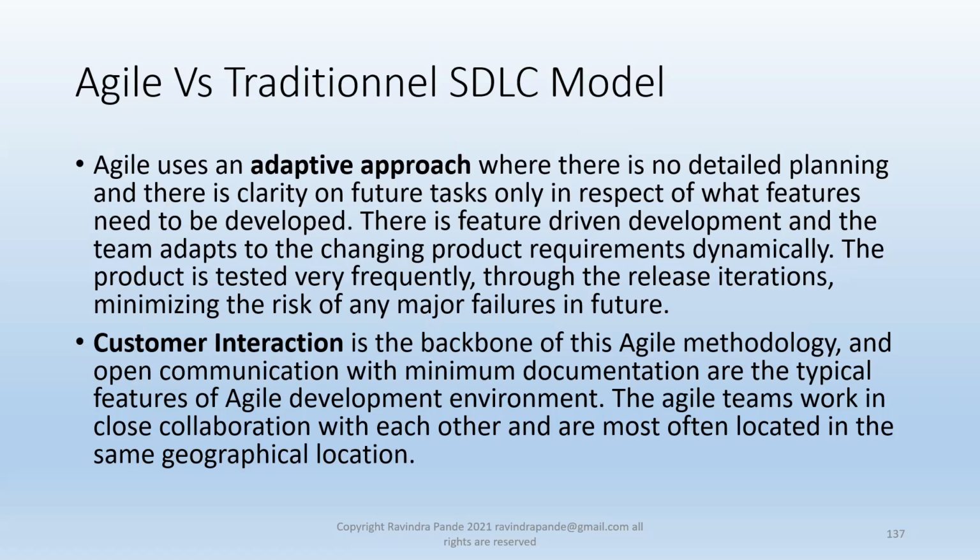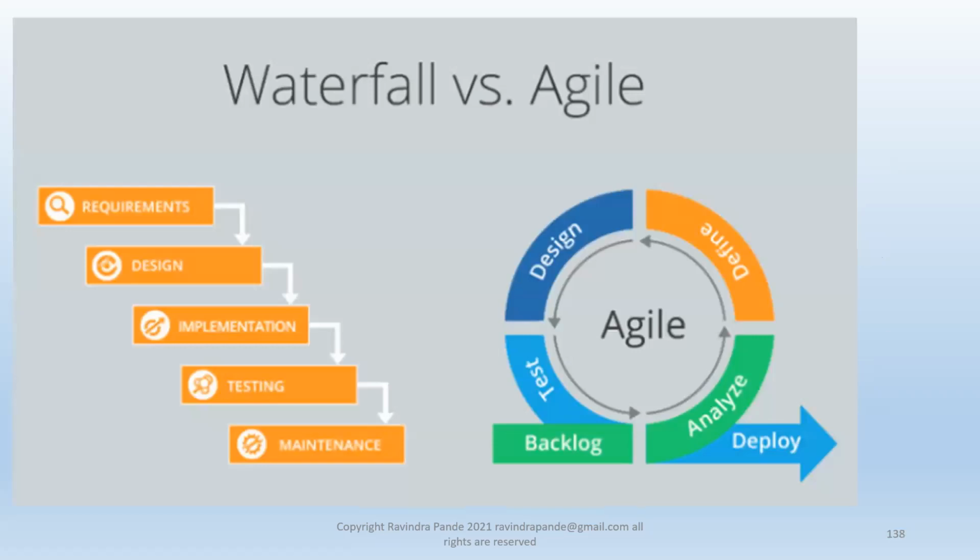Then there is customer interaction, and this is the backbone of agile where you talk to the client on an almost daily basis. The product owner guides the project team progressively, hour after hour, day after day, on a given thought process. And then in terms of comparison, waterfall is a sequential model, whereas agile is an iterative model.